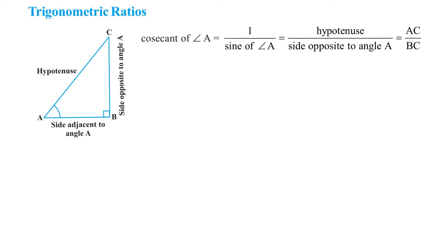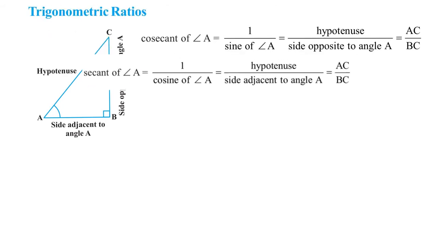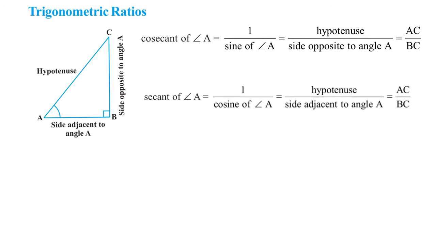We have already looked at what is cosine of angle A. Now the reciprocal of cosine is secant of angle A, which is going to be AC over AB. So secant is the reciprocal of cosine. Cosecant is the reciprocal of sine. And we know what the tan of angle A is, tangent.